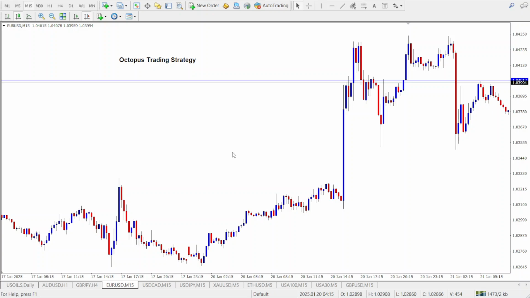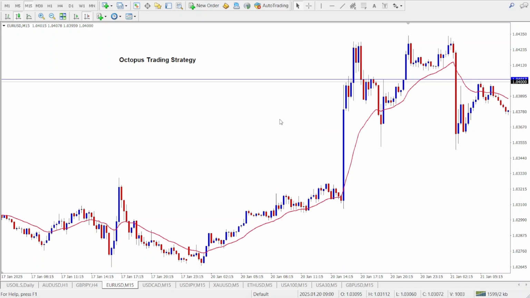Now, let's break this strategy down into its core components. Here is what makes it tick. One, the multi-layered indicators. The strategy typically relies on a combination of moving averages, RSI, and stochastic oscillators.